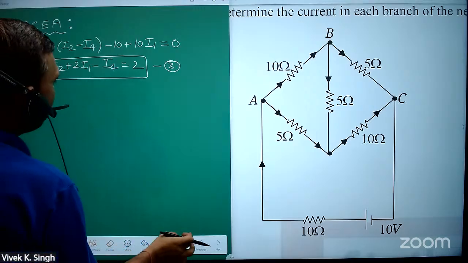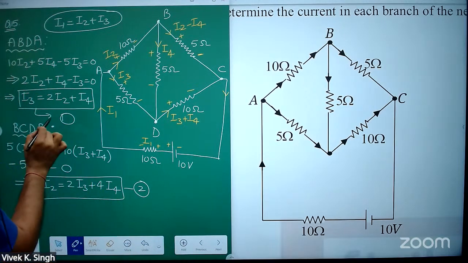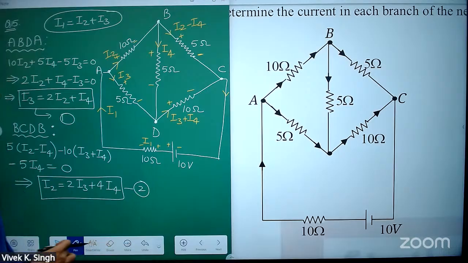From equation 1 and 2, let's eliminate I2, put I2 in this equation, and then you will get relation between I3 and I4.